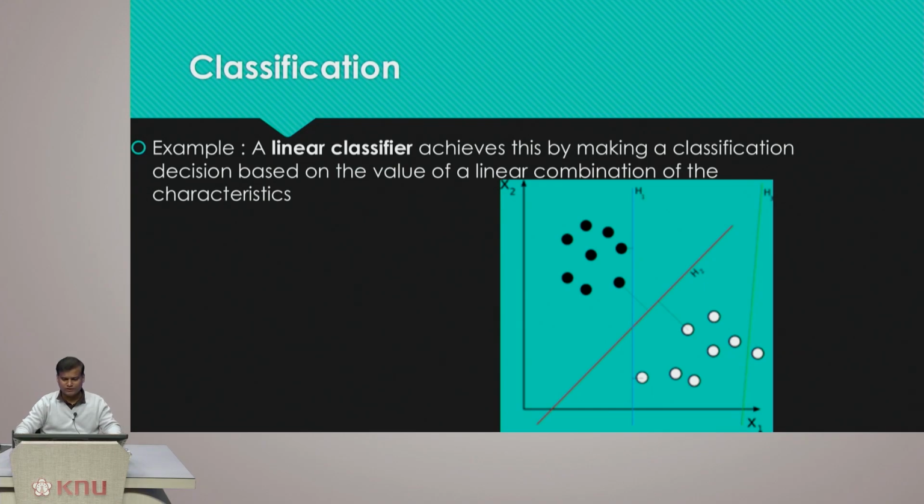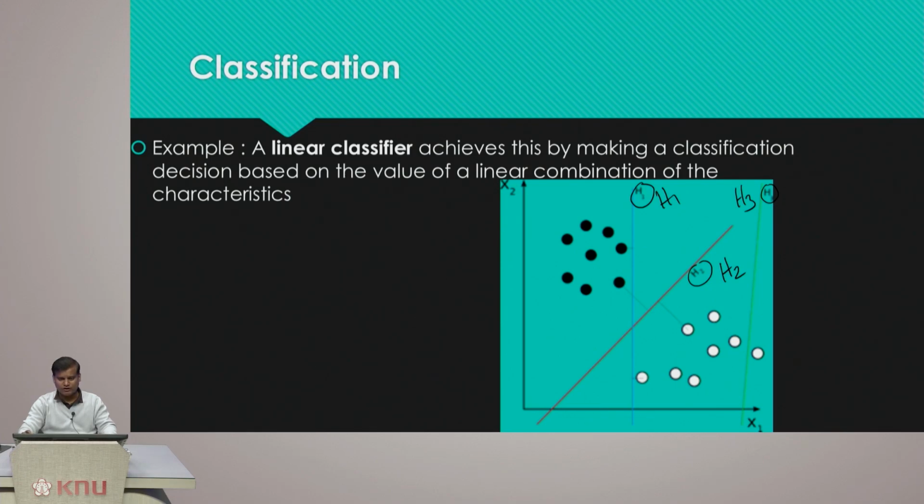Here we have H1, here you have H2 and here you have H3. We can clearly see that H1 and H2 classify this group quite rightly. H3 is not clearly classifying these two groups, which means that H3 is not a good classifier.